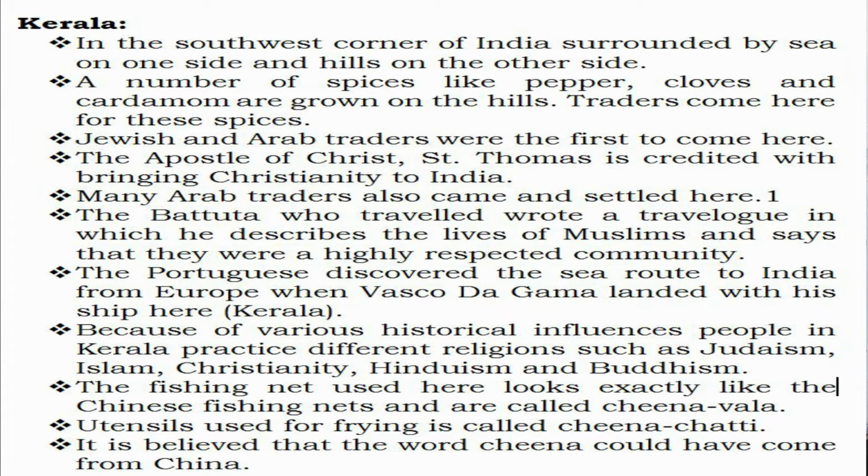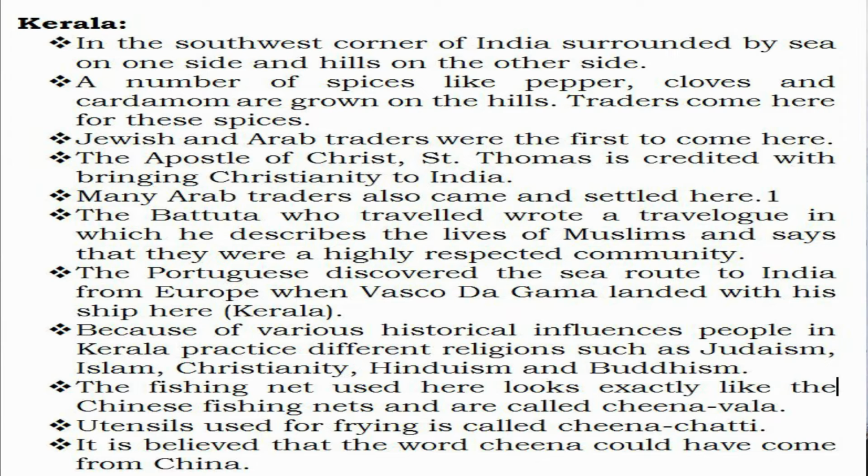Means travelogue का मतलब है जब पर्सन जो ट्रैवल करते हैं एक जगह से दूसरे, वो अपना जो जहाँ पर जाते हैं वहाँ के बारे में लिखता है. ओके, वहाँ से जब लिखा तो उसने यह डिस्क्राइब करा कि जो मुस्लिम कम्युनिटी है, दे आर वेरी हाईली रिस्पेक्टेड कम्युनिटी. ओके, clear to you?